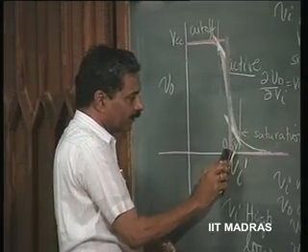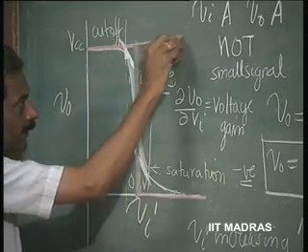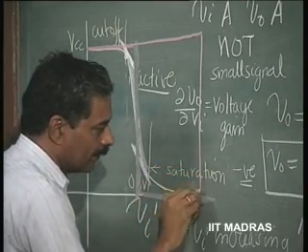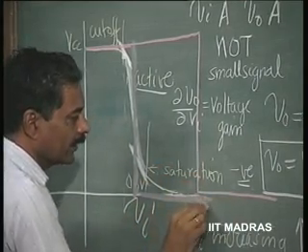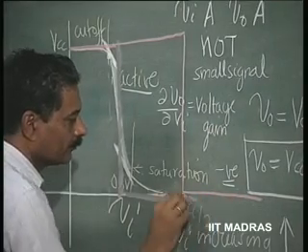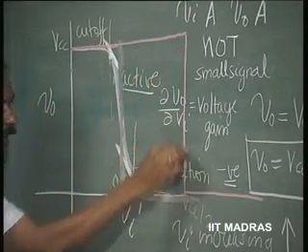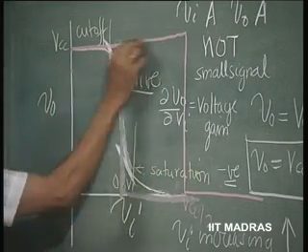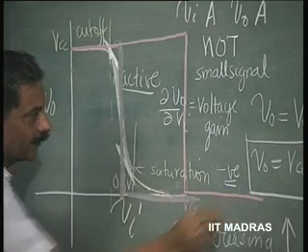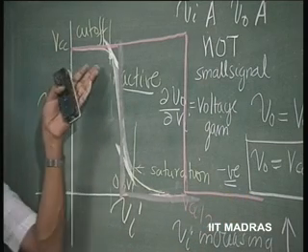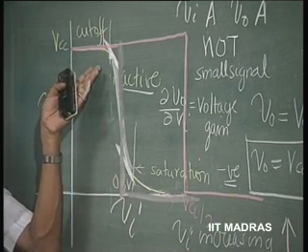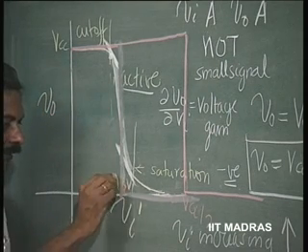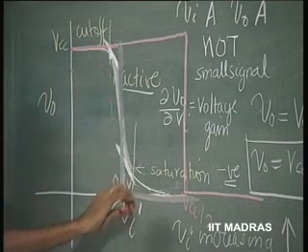It should take place somewhere much beyond this point. This is an ideal inverter. This should occur at VCC by 2, and the slope should be infinity, that means gain should be infinity. So, the ideal inverter has characteristics like this. The transistor inverter is nowhere near ideal. The transition is taking place at about 0.6 or so, and that also is gradual.